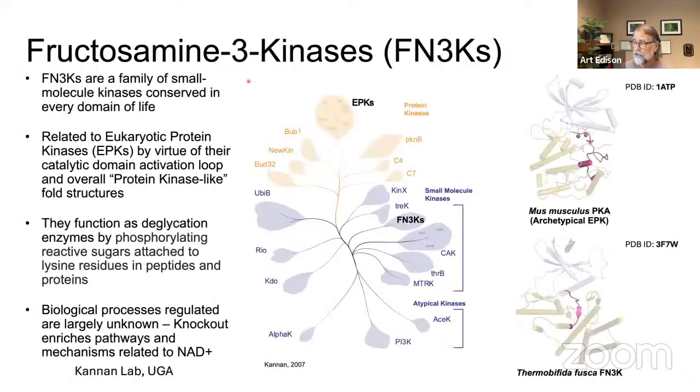The data that I'm going to show you in the next few slides are related to a project in the Cannon Lab in the biochemistry department at the University of Georgia. They study a really interesting enzyme called fructosamine 3 kinase, FN3K. This is a small molecule kinase that has been understudied compared to a lot of other kinases.